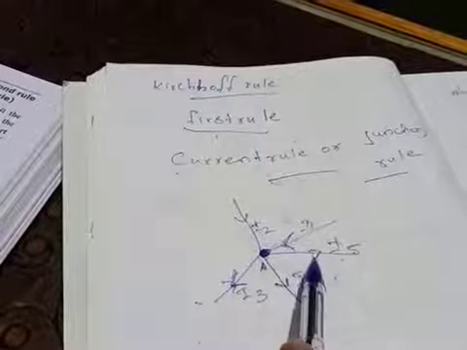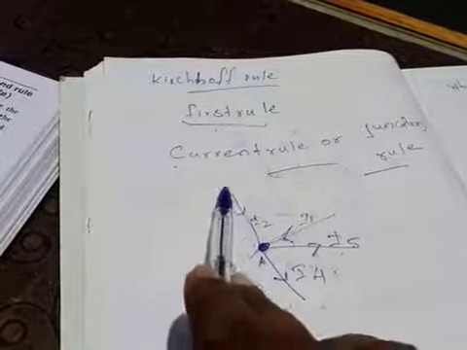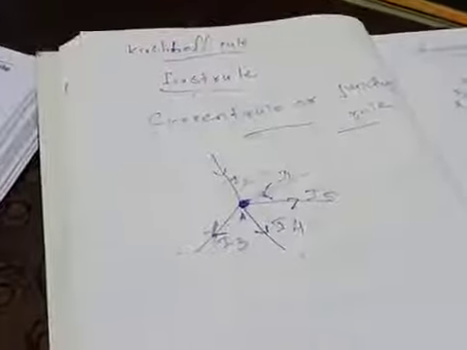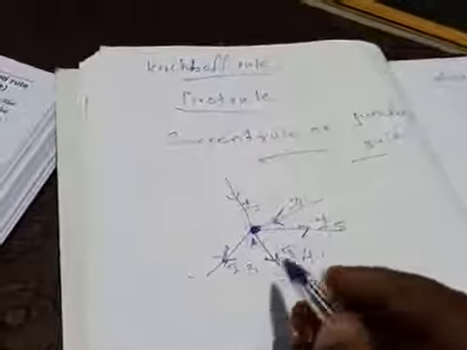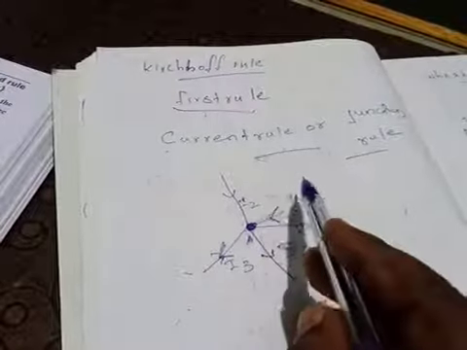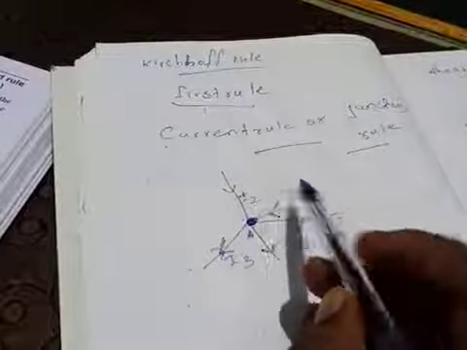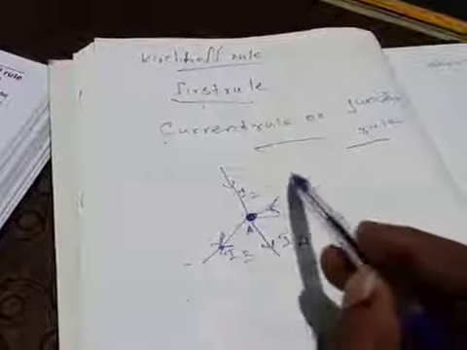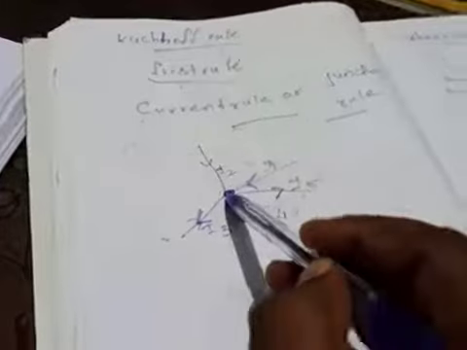So it states that the algebraic sum of the current at any junction of a circuit is 0. If you take the sum of all these currents at this junction, it will be 0. That is Kirchhoff's first rule.